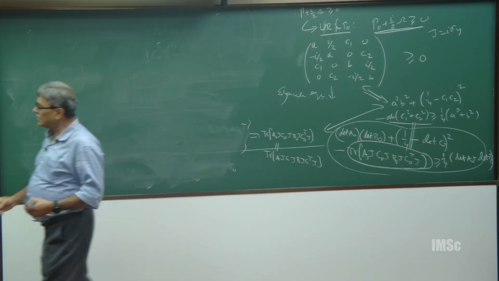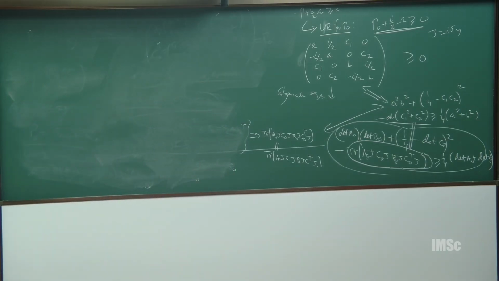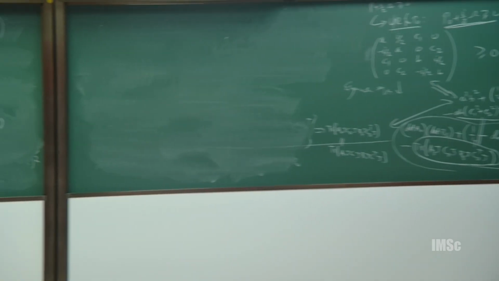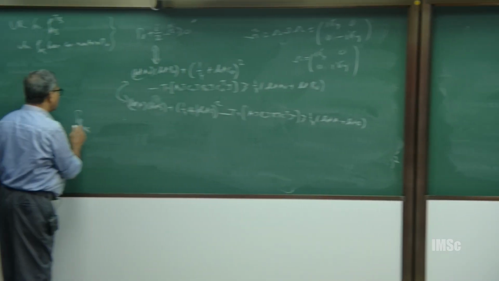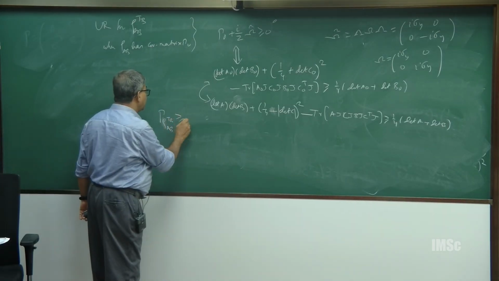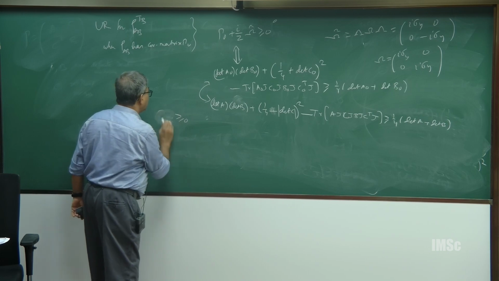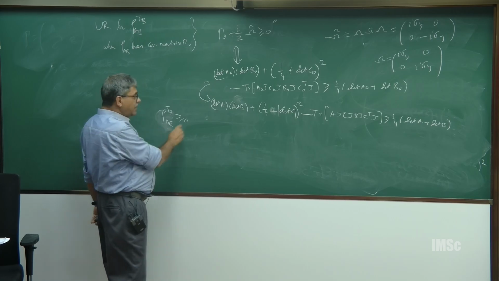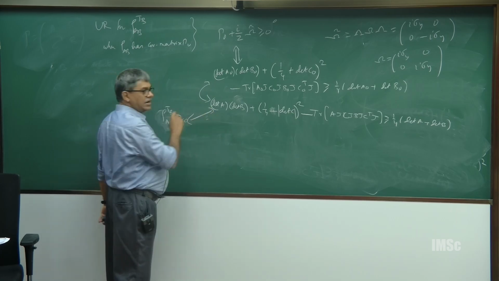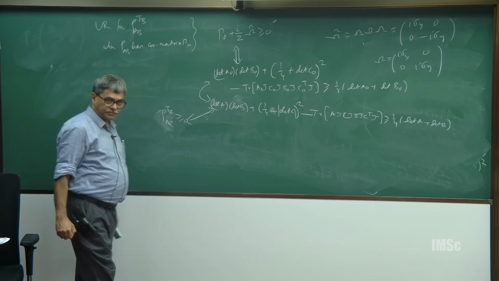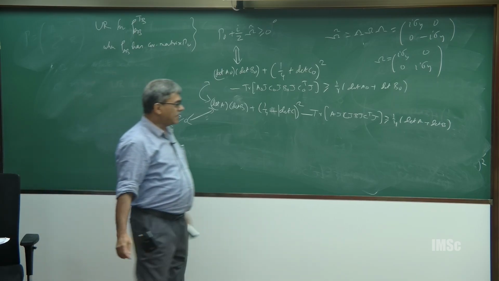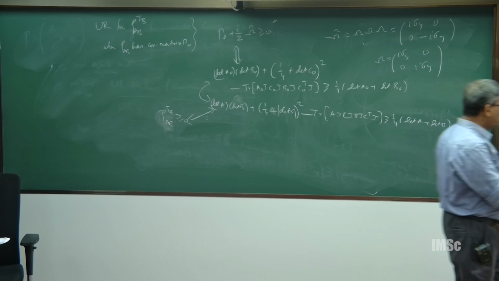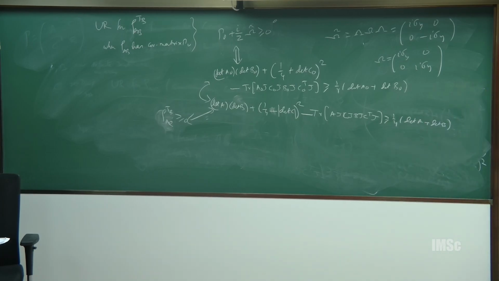You see that this condition rho AB^TB greater than or equal to 0 is actually equivalent to this. So, this is basically what we wanted to prove.